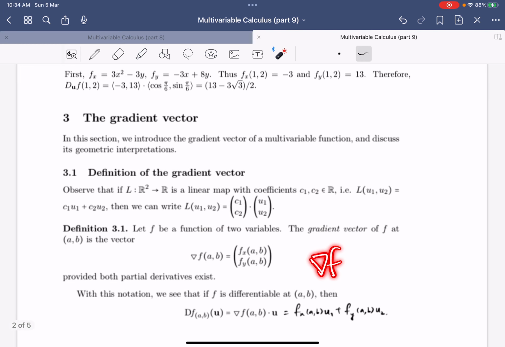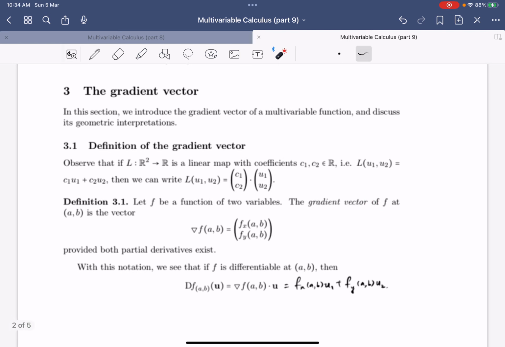The gradient vector of f is just a vector with coordinates fx and fy in two variables, and in multiple variables it will be fx, fy, fz or more. With this notion, we can write the directional derivative as the gradient vector dot u.